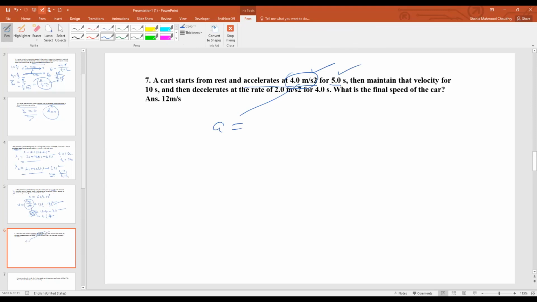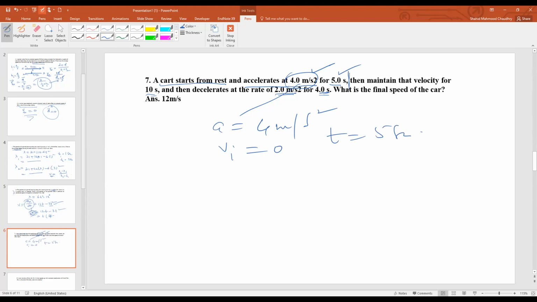This is acceleration. This is also acceleration. This is time. And this is also time. So acceleration is 4 meters per second square. It starts from rest, so initial velocity is 0. How much time? Up to this one, 5 seconds.